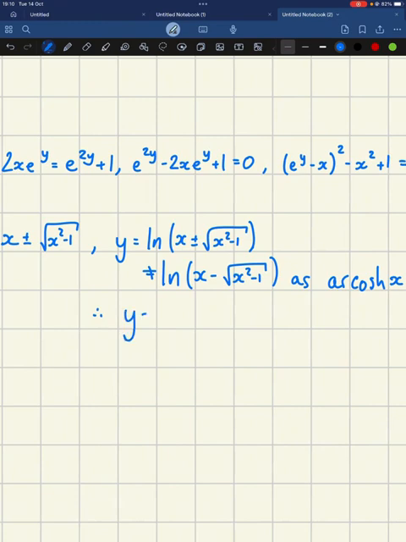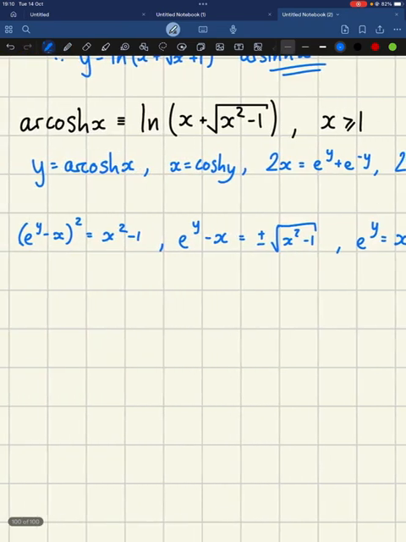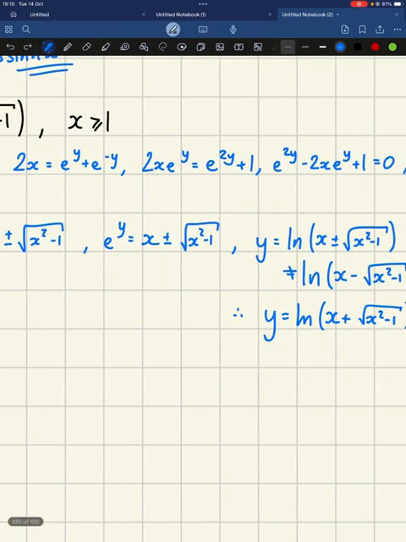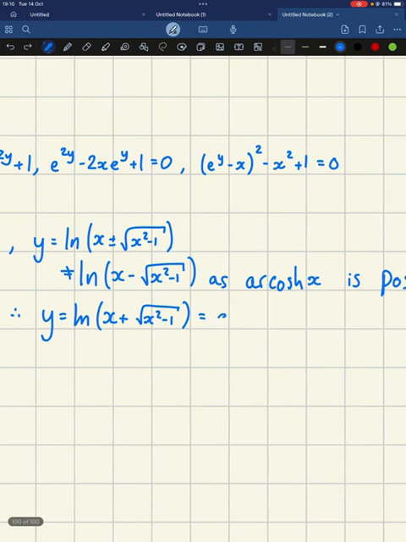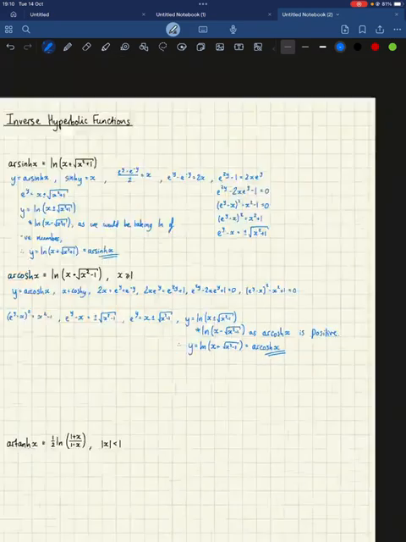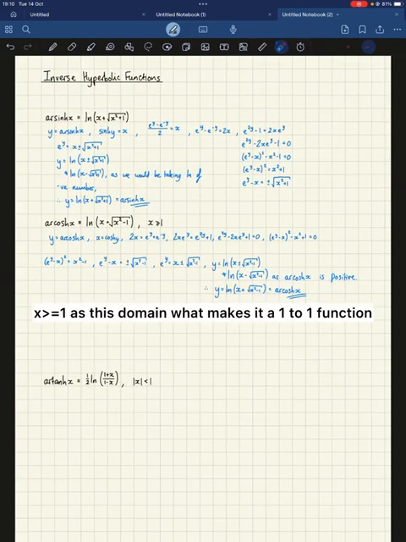Therefore we get y is equal to ln of x plus the square root of x squared minus 1, and we said earlier y is arc cosh x, so this is arc cosh x. Proved.